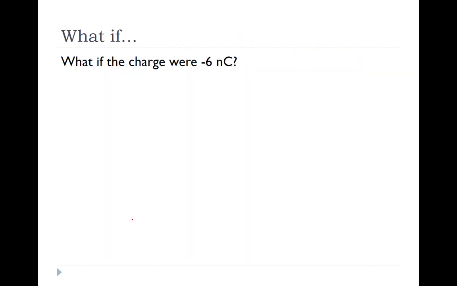Okay. What if the charge were negative? What would change? The only thing that would change, if you think about the calculation, this would still be 9 times 10 to the 9th Newton meter squared per coulomb squared.